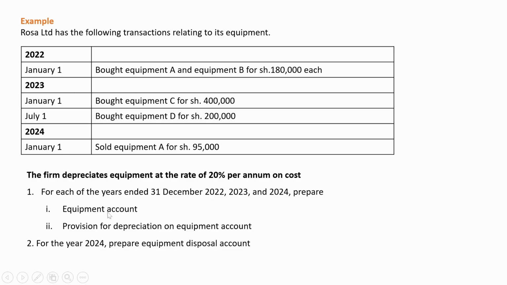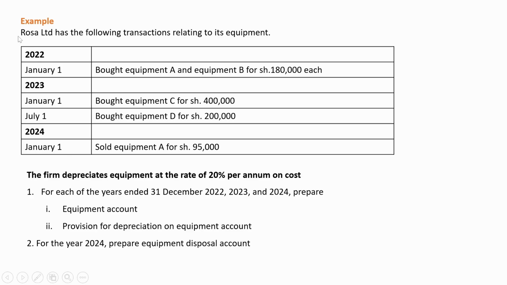Those are the equipment account, which is the asset account, the provision for depreciation on equipment account, and the disposal account. Those are the only relevant accounts. We are not preparing the profit and loss, the depreciation expense account, or the cash account. We stick to the relevant ones. So let us go through the example.